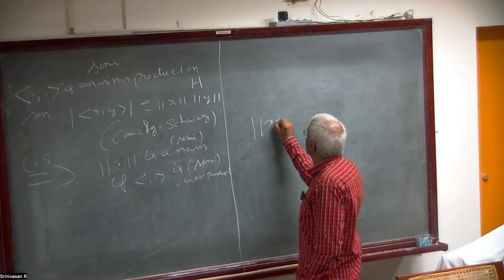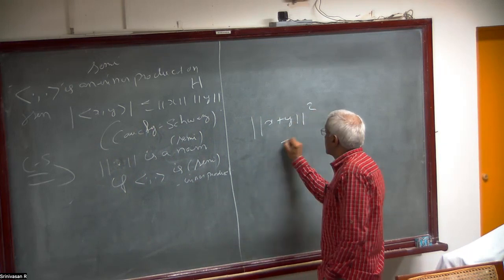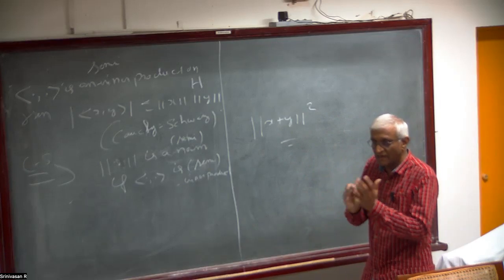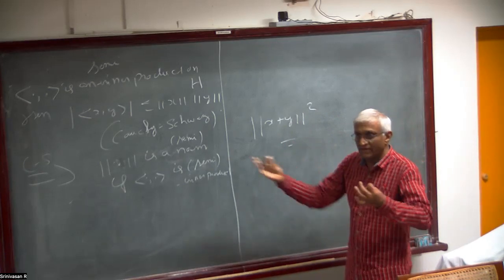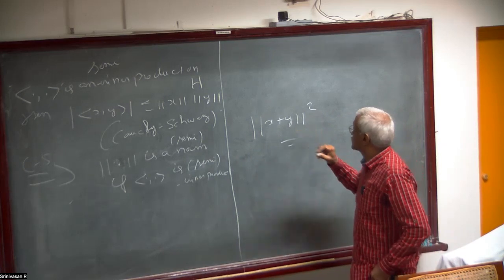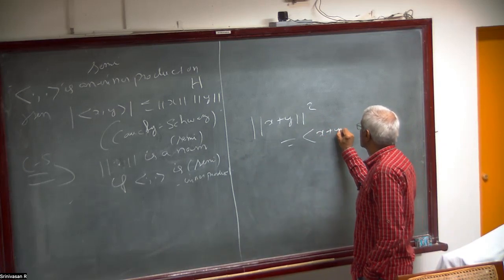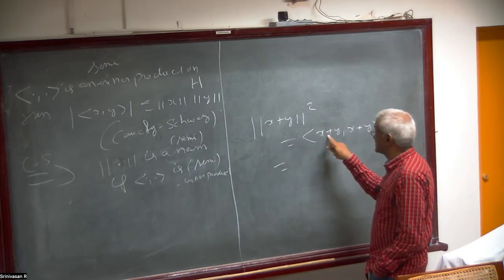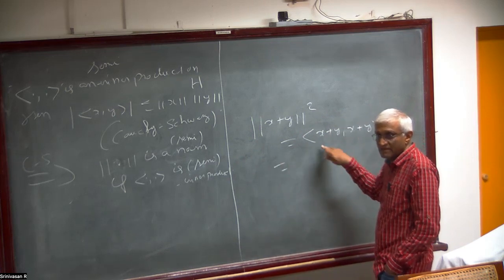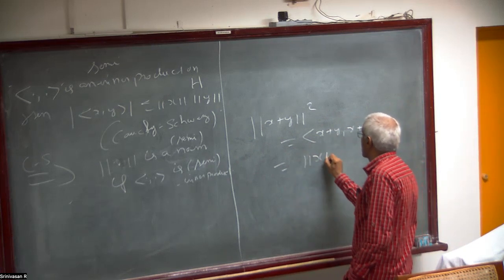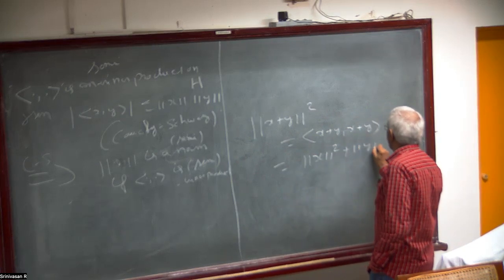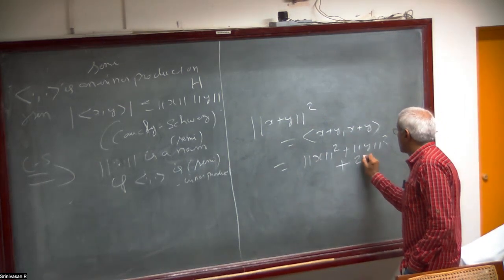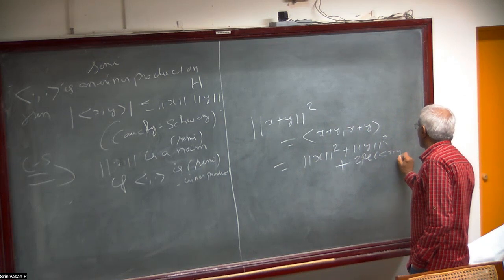Now, you have no control over the norm of x plus y in a general Banach space or normed linear space. But if you take the square, the inner product of x plus y with x plus y, you can expand it, since it is linear. So this will become norm x squared plus norm y squared, and you will have the inner product of x and y plus that of y and x, which is 2 times the real part of the inner product of x and y.